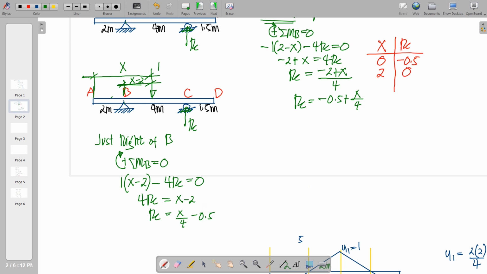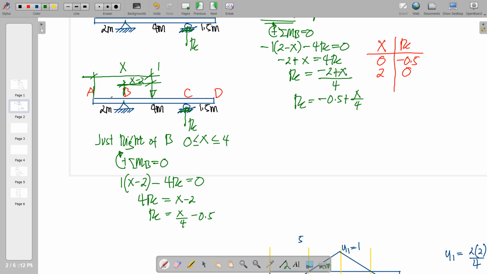So this will now be our equation for x greater than or equal to 0 up to x less than or equal to 4.